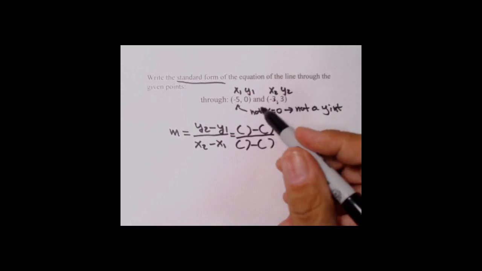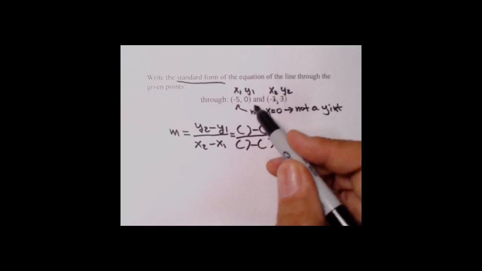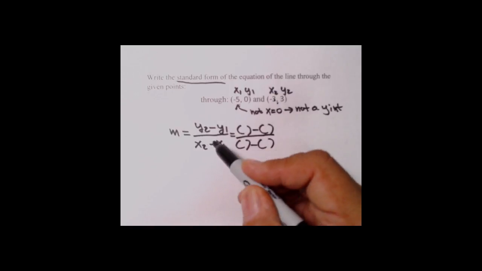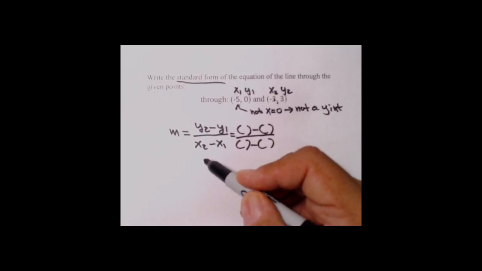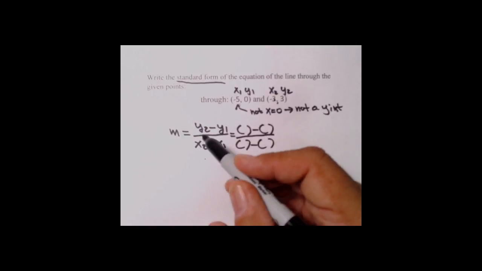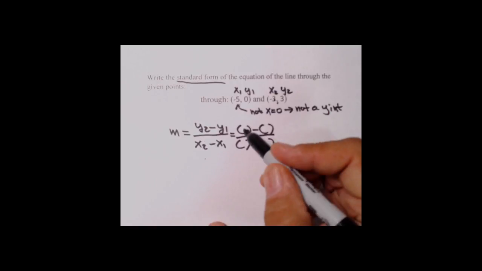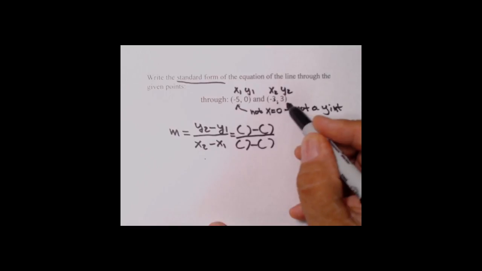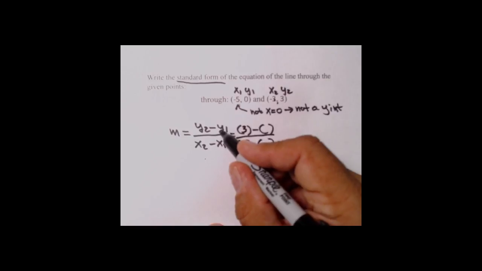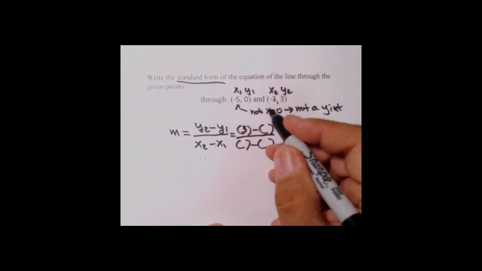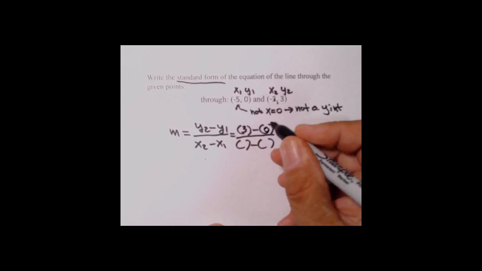Now, I have the guys labeled up here, and I've got what the formula says right next to it, so hopefully I can get everybody in the right spot. Top left value is y2. y2 equals 3. Top right value is y1. y1 equals 0.